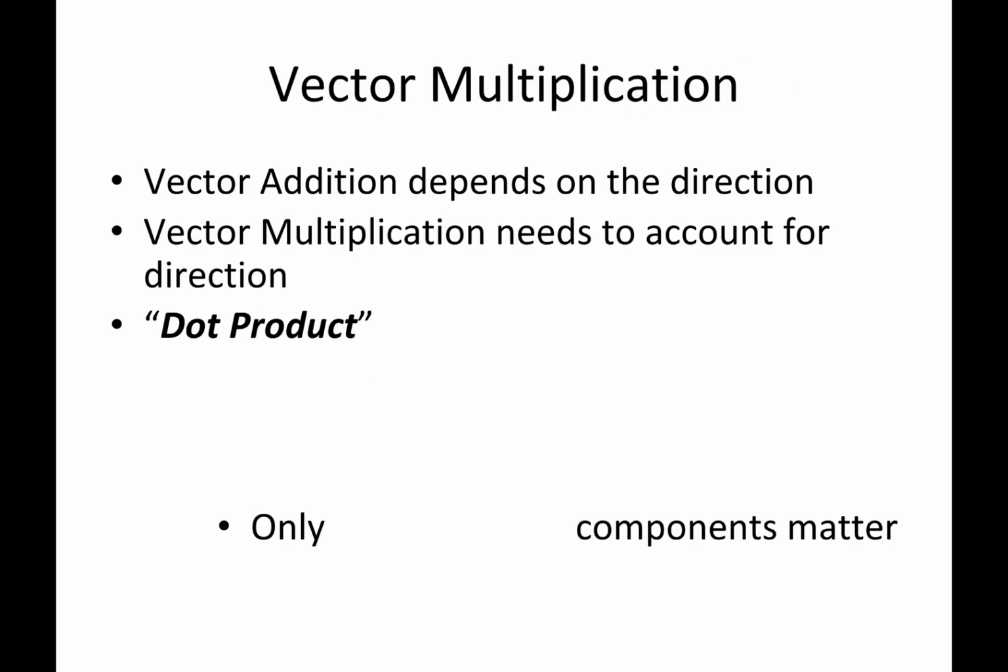Now, we're going to talk a little bit about how you multiply vectors together, because we talked about the idea that work multiplies a force vector and a displacement vector, okay? And so meaning we have direction times direction.